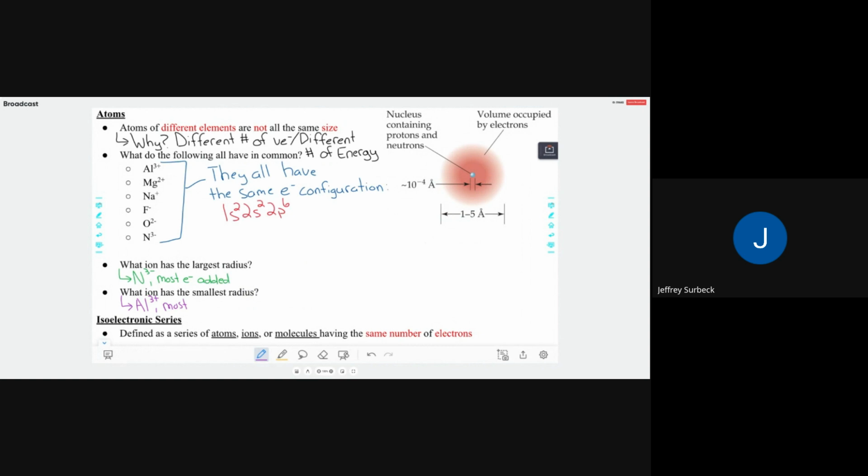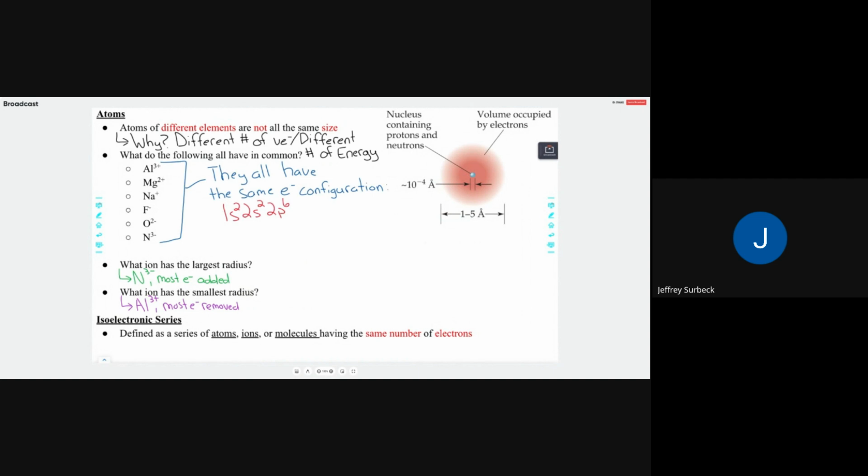Now, what we call these ions up here is an isoelectronic series. And so an isoelectronic series is just saying, hey, a set of atoms, ions, or molecules that all have the same number of electrons. They're all going to have the same electron configuration, which is the case that we have up here.